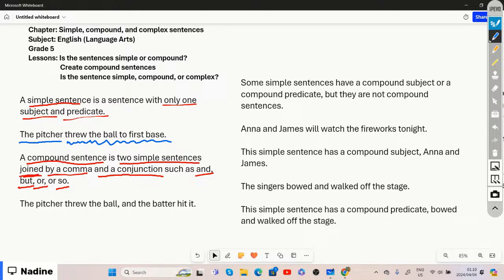Does that give you a clear answer? Yes, it's the action part of the sentence.